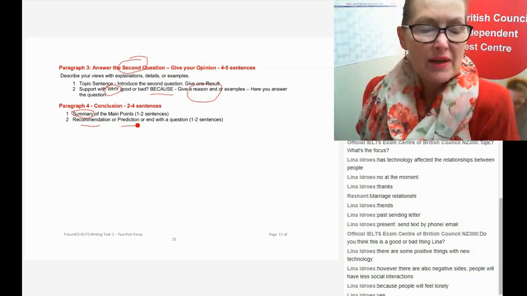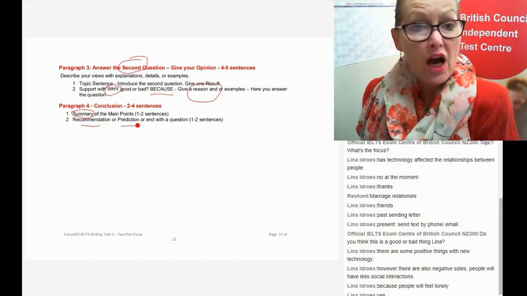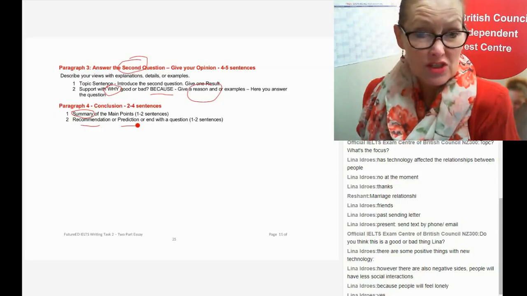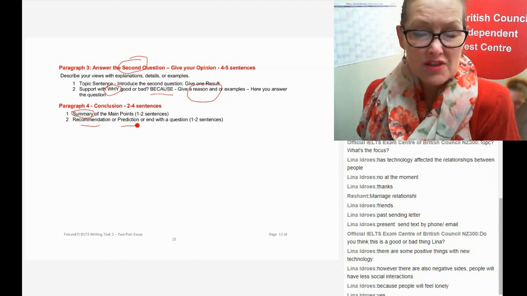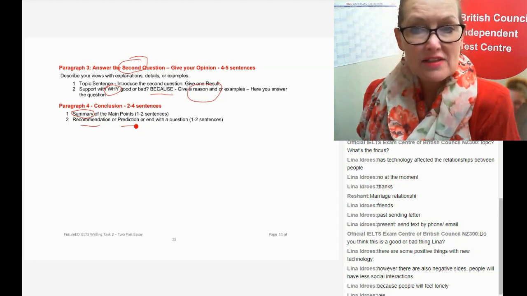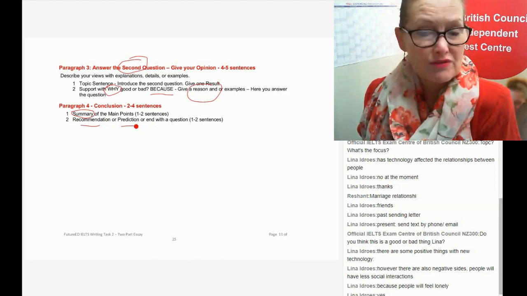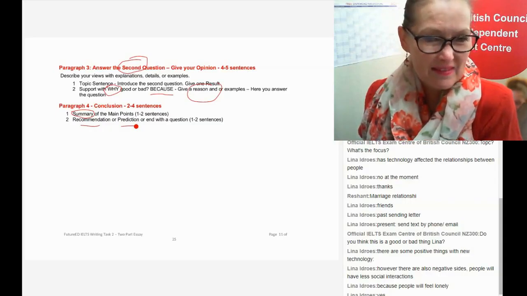Paragraph 3. Again, we're going to answer this second question. So first we assess the first question, and then we give our opinion when we answer the second question. And again, this can also be about 4 to 5 sentences.